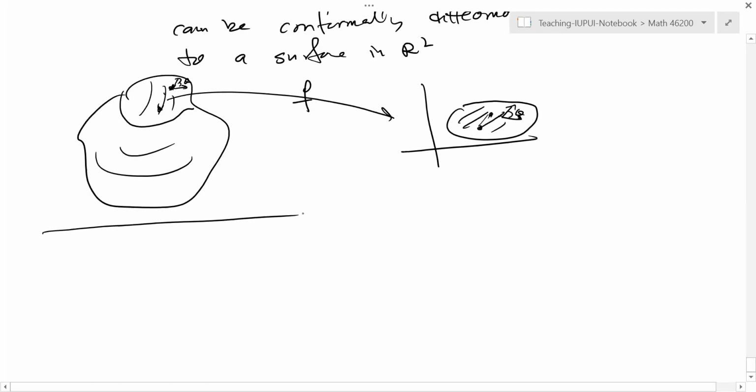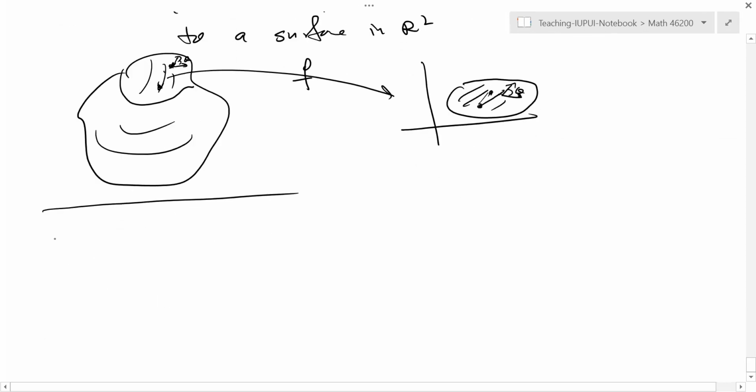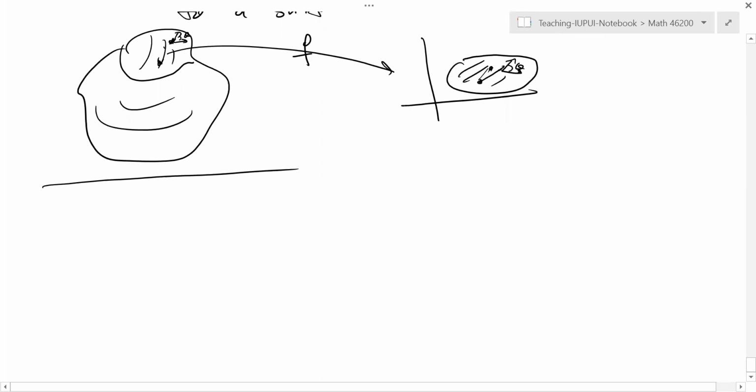First of all, we have to say how a linear map preserves the angle. One can show that, but I probably don't have time to prove it. So for a linear map, that's what I want to talk about.